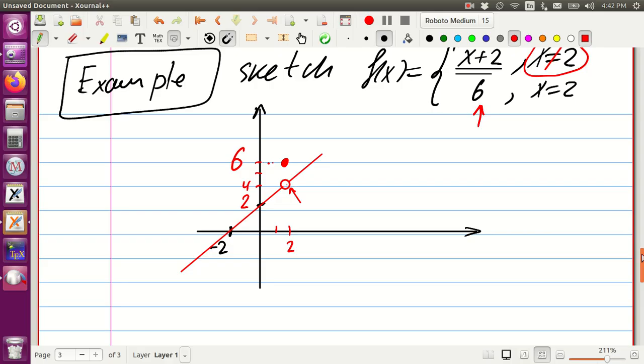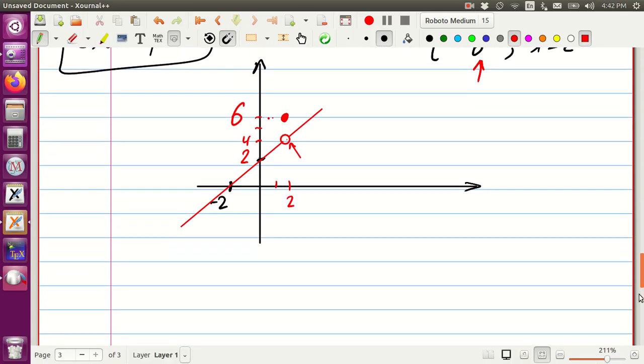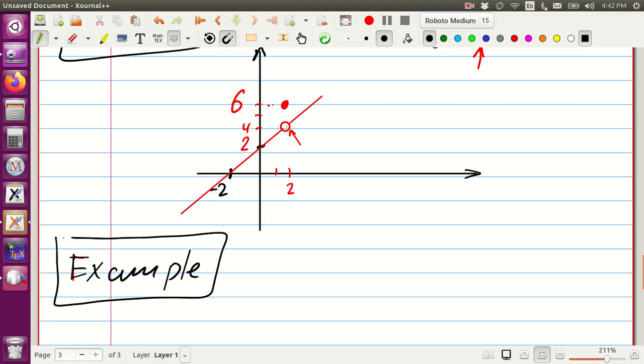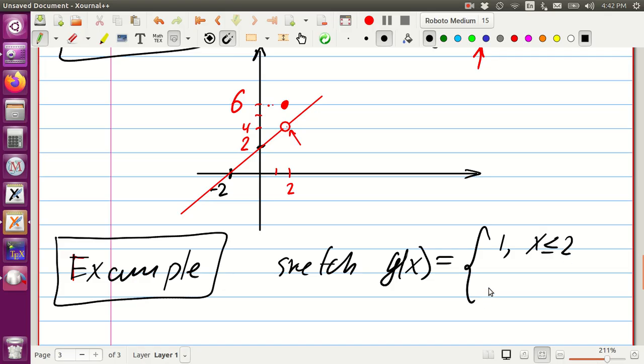All right, and one more example before we move on goes like this. Again, a piecewise function, and we have to sketch it. So g of x equals 1 for x less than or equal to 2, and equals x minus 3 for x greater than 2.